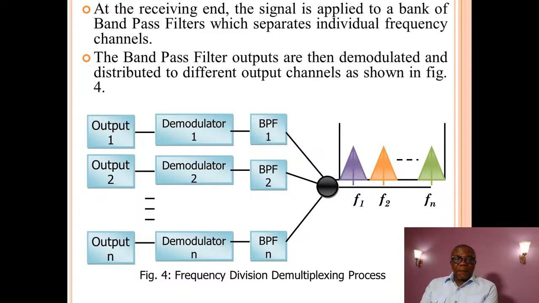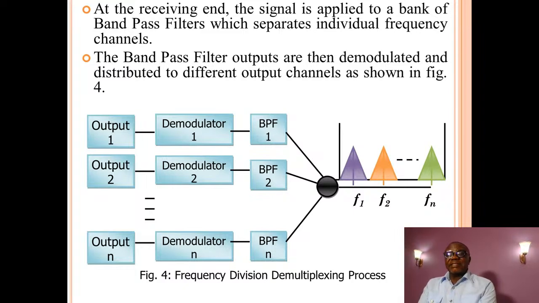So at the receiving end, the signals we have seen in figure 3, purple, orange, and green, will come and pass the black circle there, which is the band pass filter.